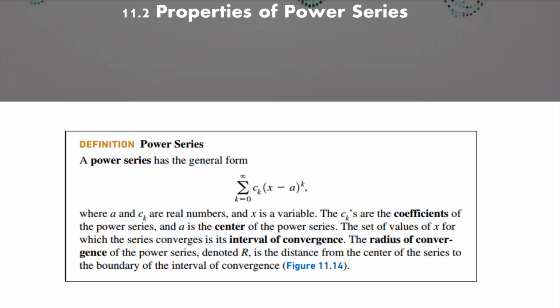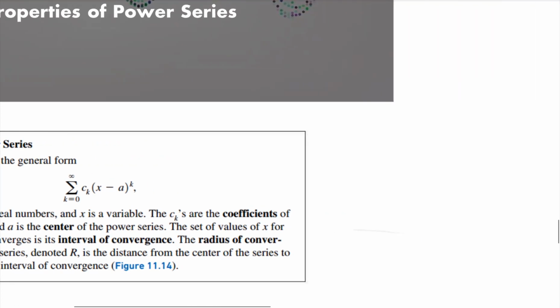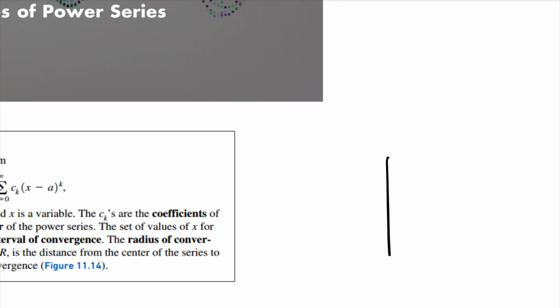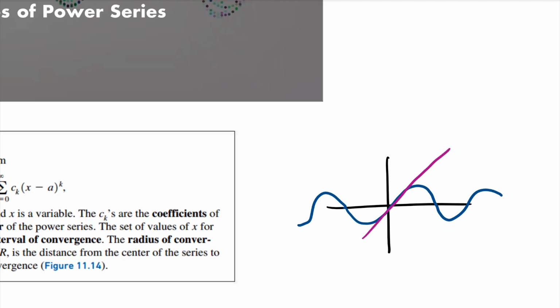And then the set of values for X for which the series converges is its interval of convergence. Do you remember that we were drawing stuff before, like maybe sine of X, so it goes like this. And then we were taking things and going, well, first we got this line.